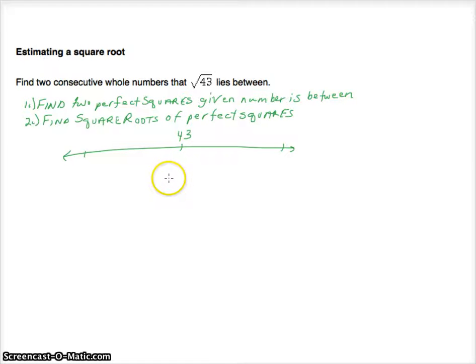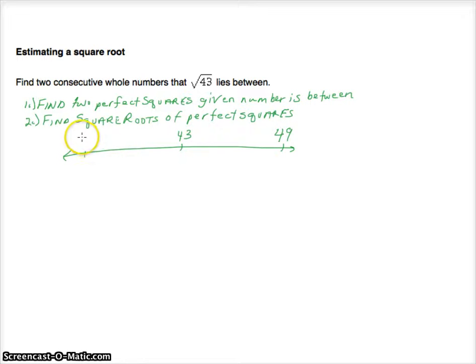I can think, well, 9 times 5 is 45, but those aren't perfect squares. So let's see, 5 times 5 is only 25, 6 times 6 is 36, 7 times 7 is 49, 8 times 8 is 64. So it looks like 7 times 7 is as close as I get, so I'm going to put 49 up because that's 7 times 7.